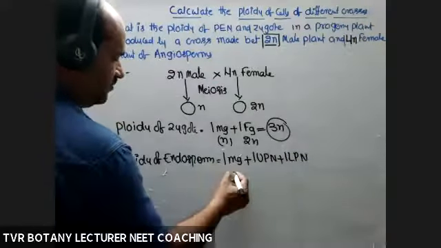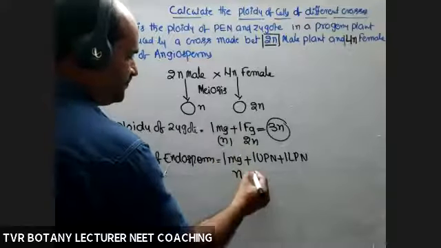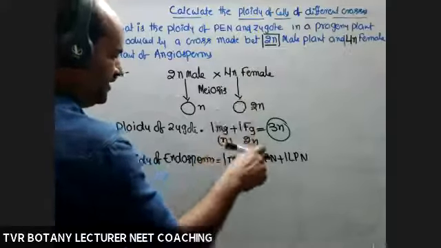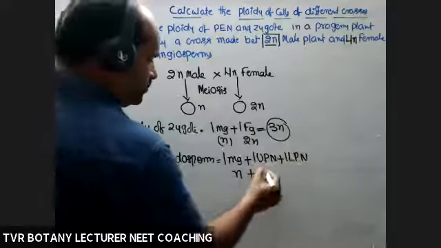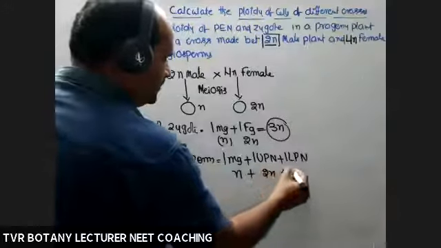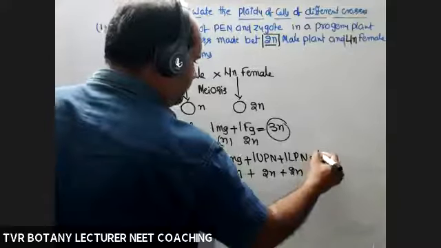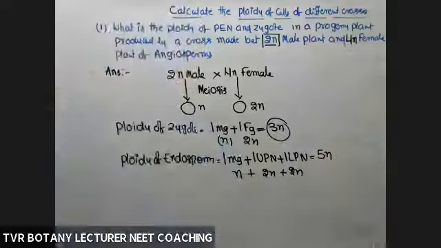So one male gamete, ploidy haploid, plus the female cells present in the embryo sac, the polar nuclei, diploid plus diploid. So what about the PEN? PEN ploidy is 5N. Right? Any objection? Next.